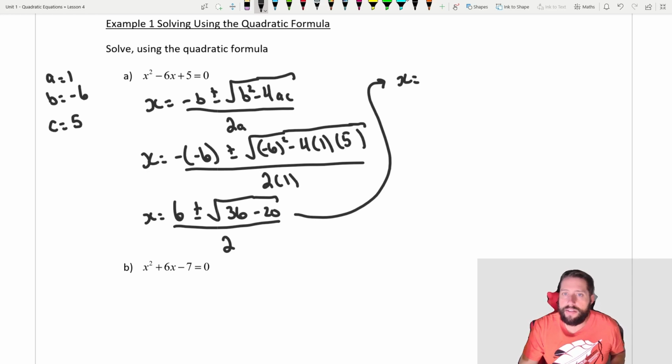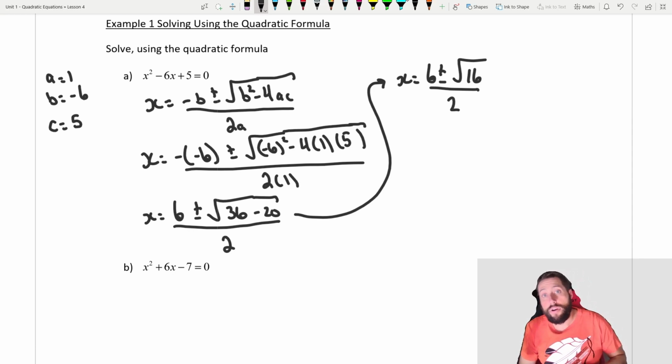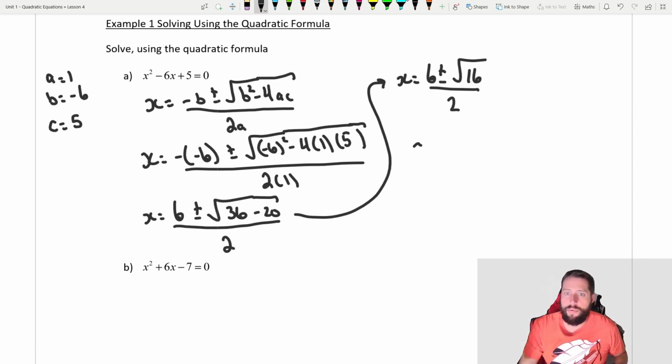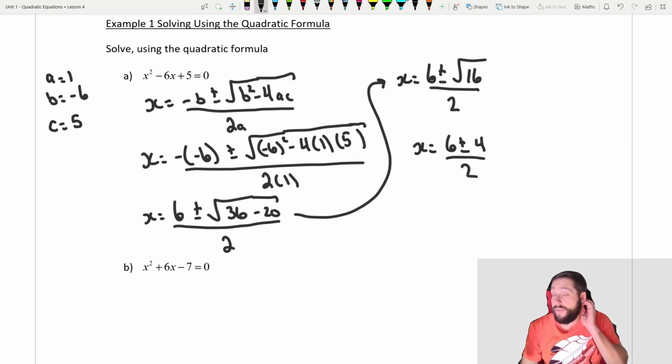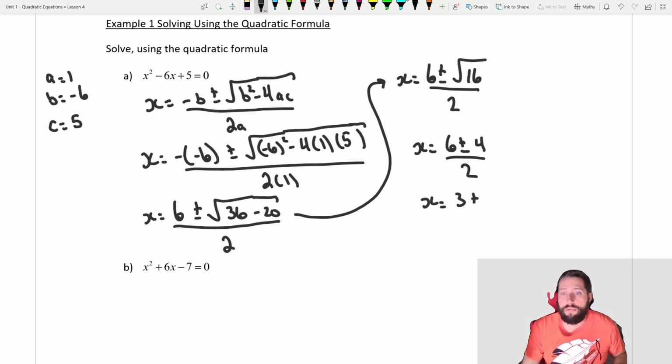So we have x is equal to 6 plus or minus the root of 36 minus 20, which is 16, all over 2. The square root of 16 is 4, so x is equal to 6 plus or minus 4, all over 2. We can divide everything by 2 to say that x is equal to 3 plus or minus 2. So that means that x is equal to either 5 or 1.